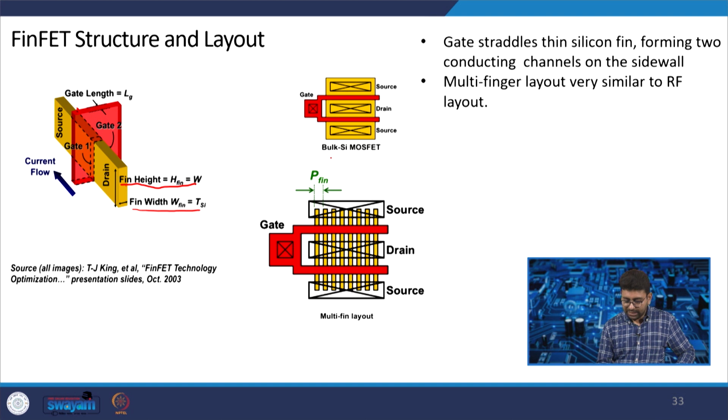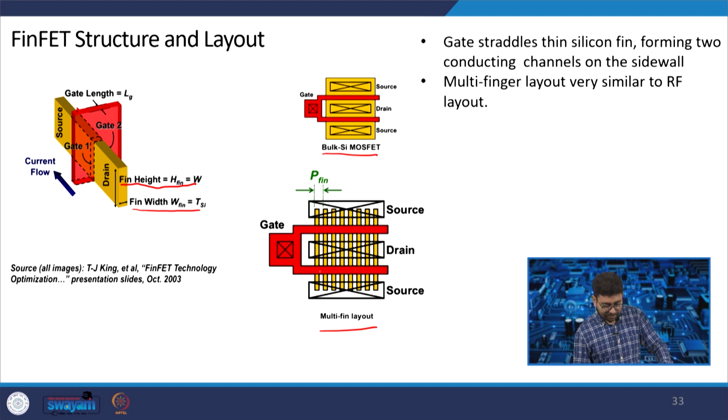So, this is how the bulk silicon MOSFET looks, and this is how the multi-fin layout looks, where this is a drain, and you can see a cross section also has been made, and these are the multi fins.